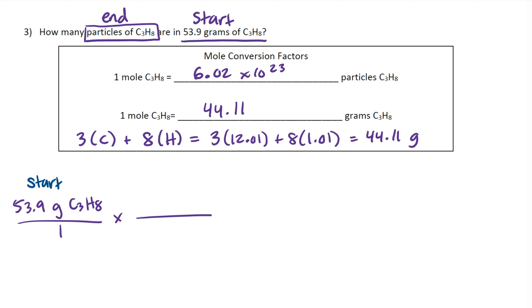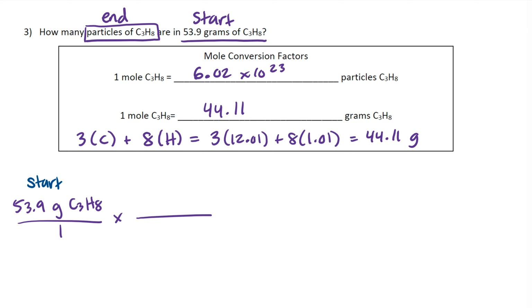But this problem is a little different. Because my start is grams and my end is particles, and I look at those two conversion factors, there is no one single conversion factor that has both my start and my end unit. And so this is going to be a multi-step problem. We're probably going to use 2 or more conversion factors.